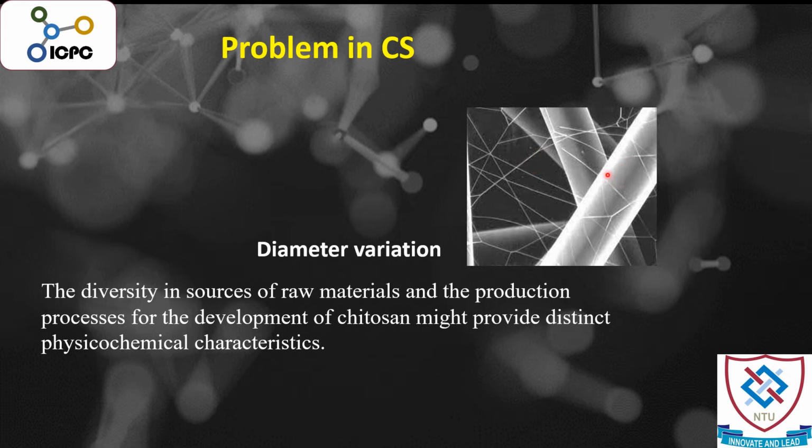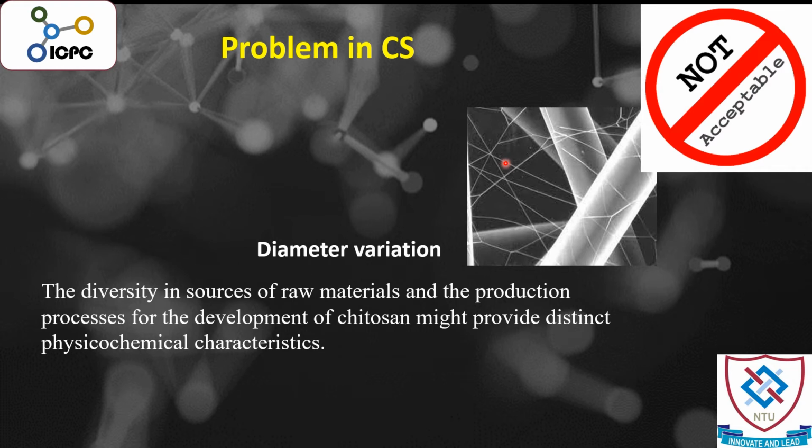of chitosan, and there is a big difference of diameter. These are very small fibers, you can see, and these are very big fibers. The source of the big fiber was the high molecular weight chitosan, and these were produced from the low molecular weight chitosan. So these variations are not acceptable if you are trying to commercialize a product.